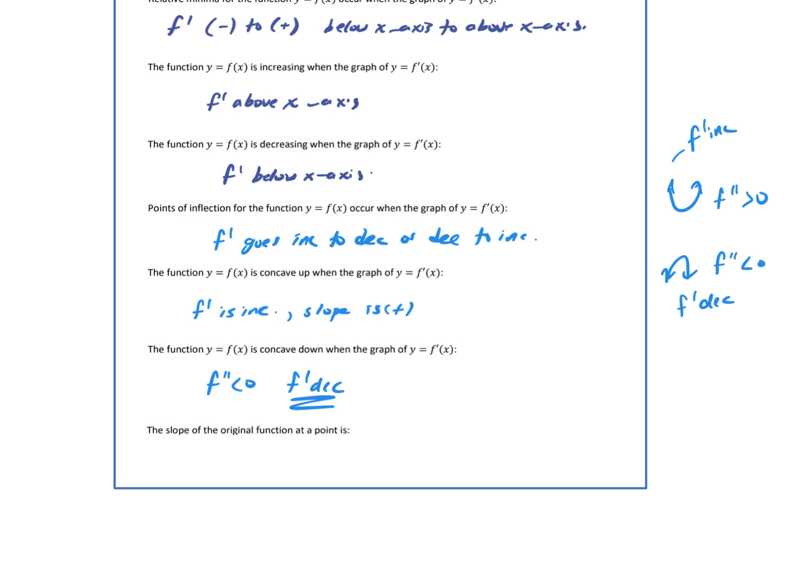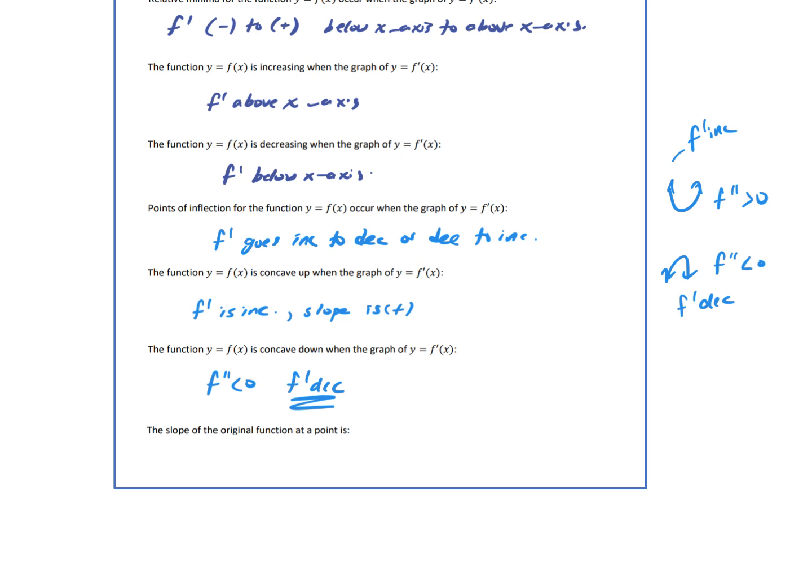So the slope of the original function at a point, I don't know really what they're asking, but most of the time they give you the f prime graph. So if you're looking at the f prime graph, you're just finding the point on the graph. That's the value, which gives you the value of the slope at that point. Okay, so hopefully that made sense.